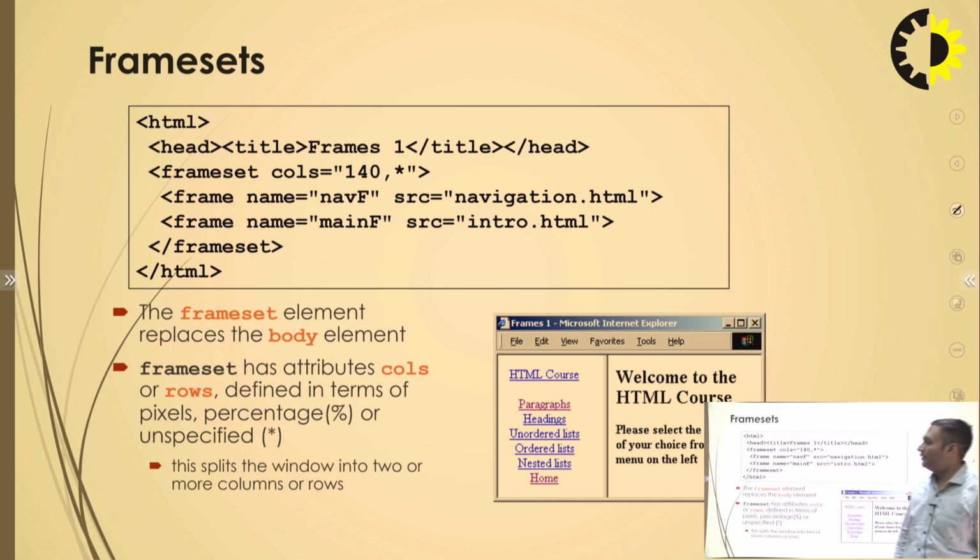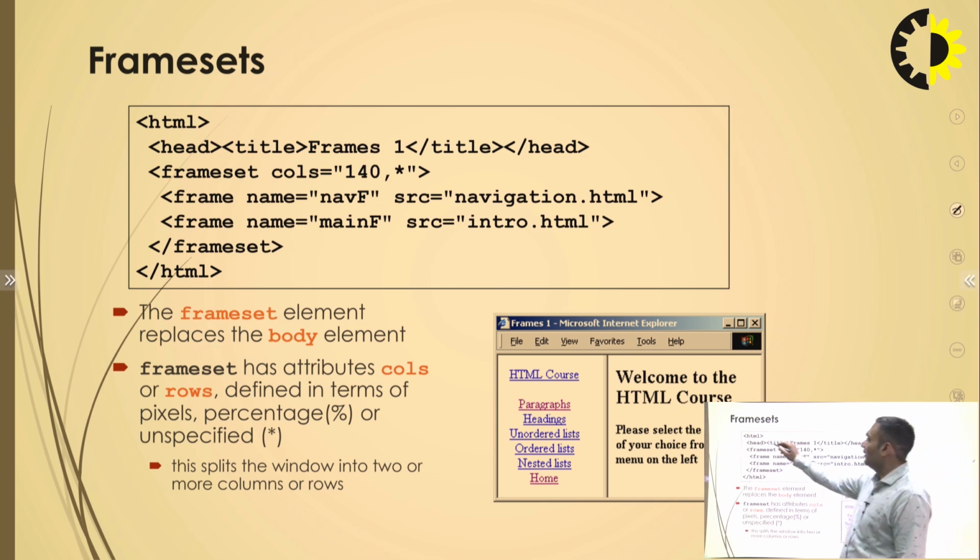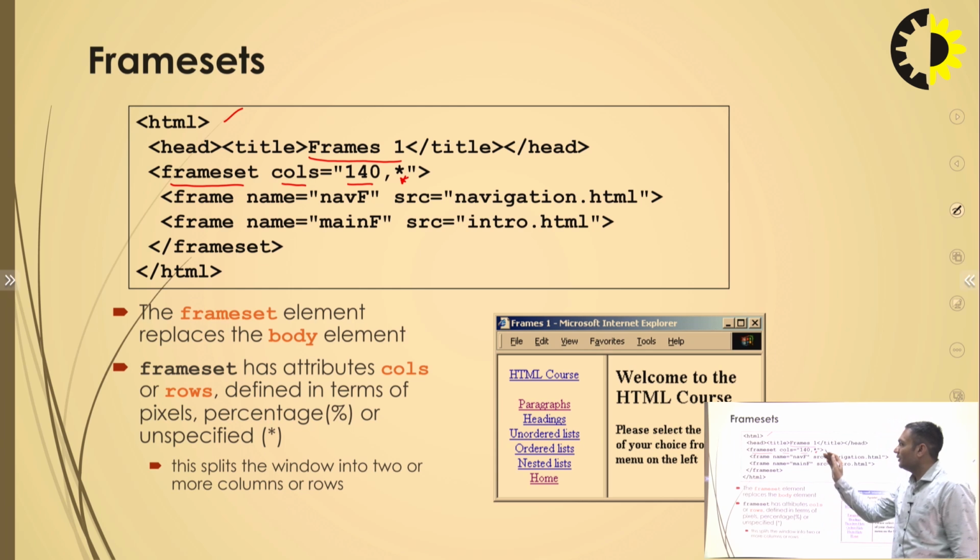In this example, I am using the HTML tag, then head, and I am giving the title frame number 1. Here is a frameset tag that contains a cols value. The column size is 140 and then a star. Star means the rest of the portion is divided into another column.